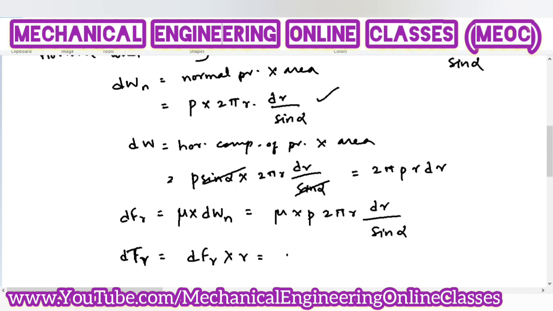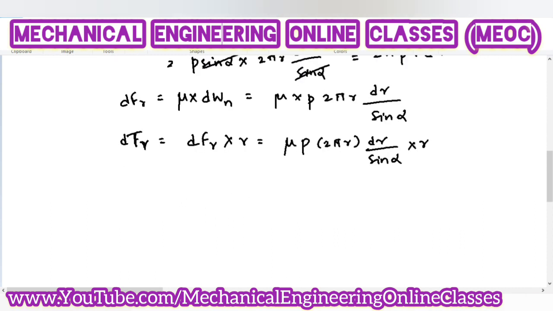So it is mu P 2 pi r dr by sine alpha into r. That would be equal to 2 pi mu P r square by sine alpha into dr. Let us give a number to this equation as 1.